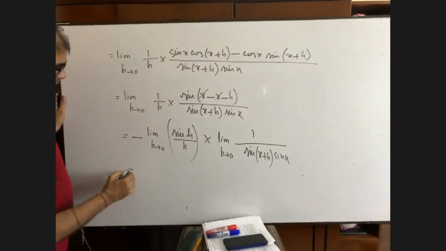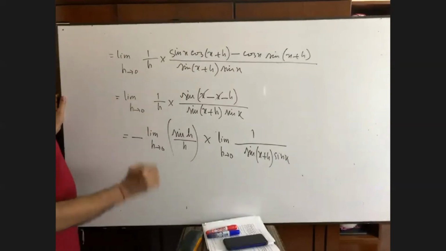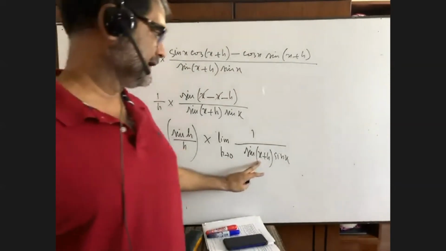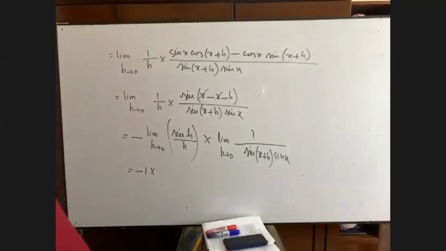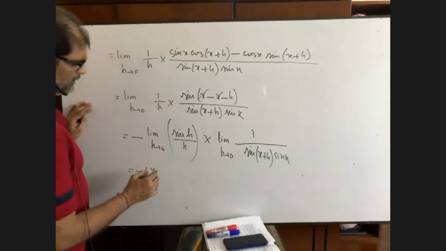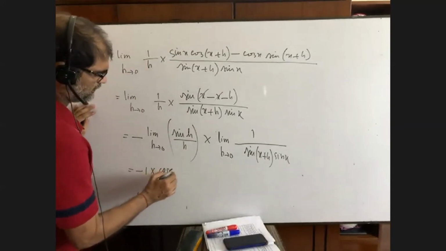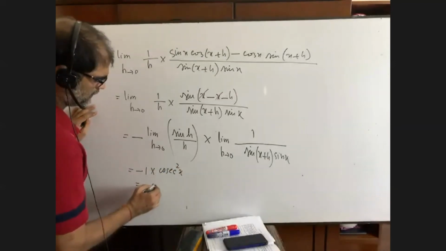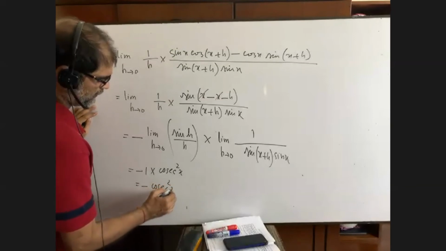Now we can write down here minus 1 into, put h equals 0, sine x, sine x. Sine square x, right? That is cosec square x. So we are getting minus cosec square x.